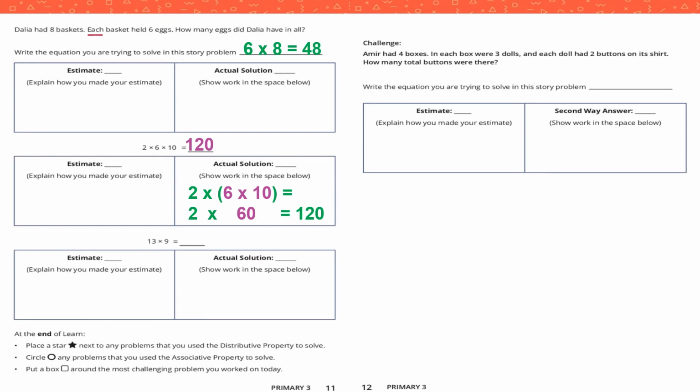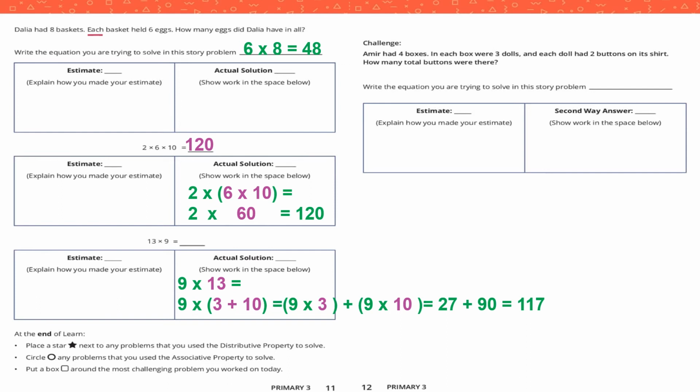The last one, 13 times 9. 13 is a very big number. Okay, I don't know it from the tables. So what should I do? I can use distributive property to solve it very easily. 9 times 13 equals 9 times, I will split this 13 into 3 plus 10.